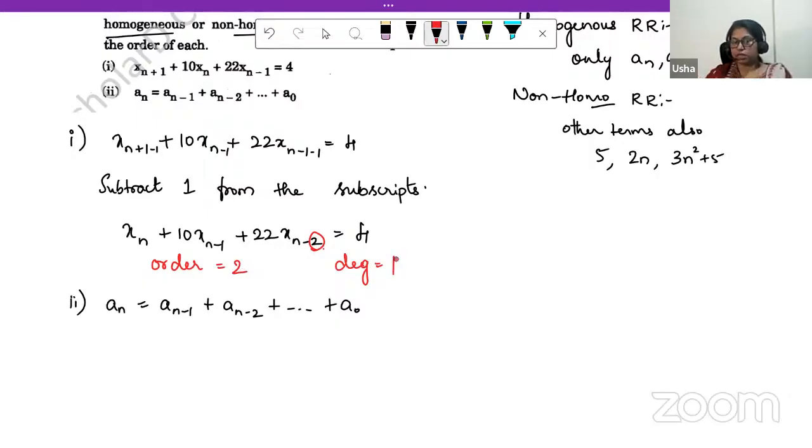Is it clear, everybody? See, here there are no calculations involved. It's only identification of order, degree and all that. So don't make mistakes in this. Order 2 and degree 1. Order is 2 because n minus 2 is there. If n minus 3 is there, order will be 3. If only up to n minus 1 is there, order is 1.